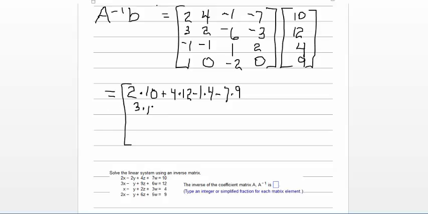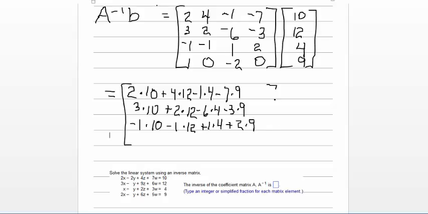So we're going to calculate A inverse B. And notice the first row of A inverse gets multiplied by that column matrix. The second row of the inverse gets multiplied by the column matrix. So does the third row of the inverse matrix.